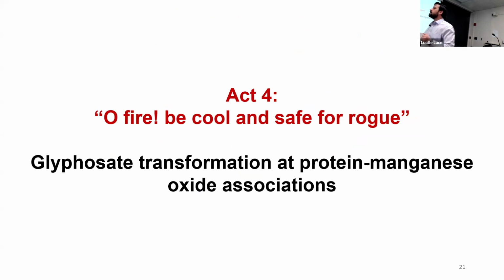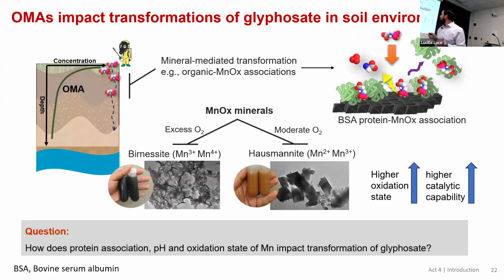The last act is about transformation of glyphosate. So I looked at adsorption and desorption. Now the question is how organo-mineral association impacts transformation of glyphosate. Glyphosate transformation, I think I mentioned this, creates aminomethylphosphonic acid, which is toxic, the same as glyphosate, for early stage cell development in animals and plants.